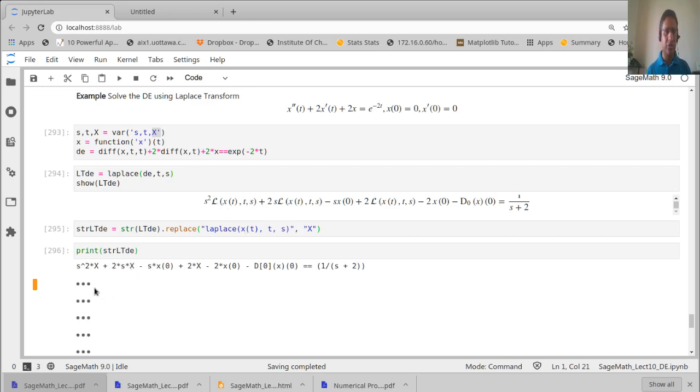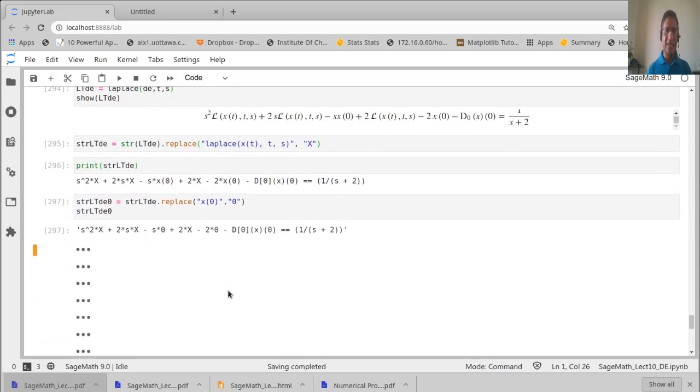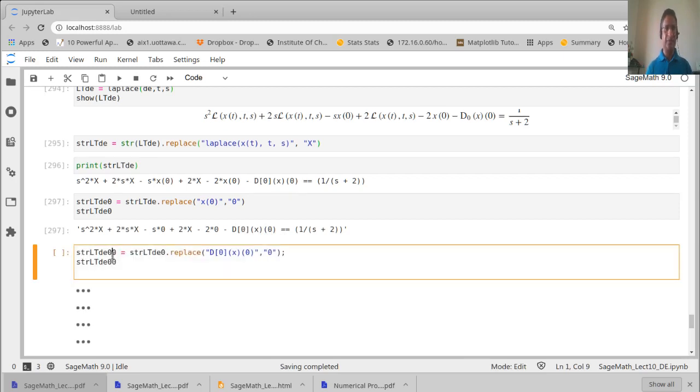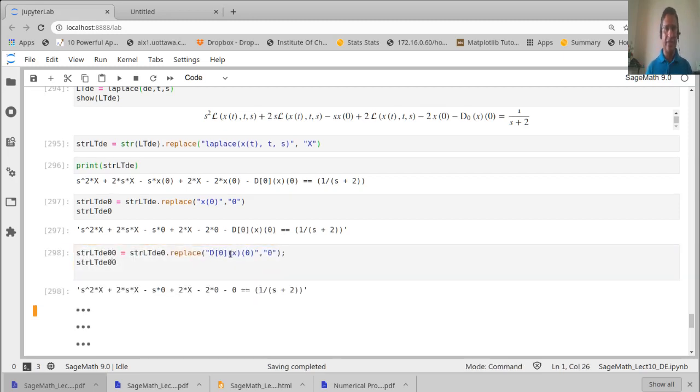Now what we will do, we will replace x0 by 0. That's the initial condition. And then derivative at 0, that is x dash at 0, is also 0. So we will again replace it by 0.